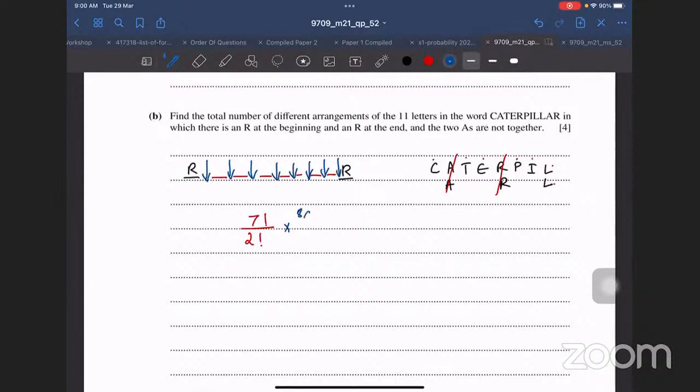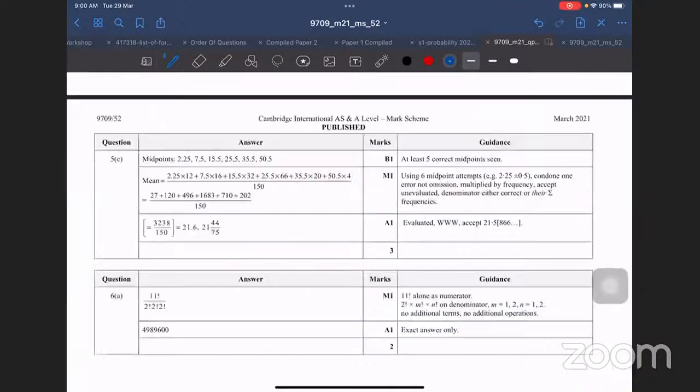So A's are going to come in 2 of these positions and arrange themselves, but since they're identical, I also want to divide. So I get 7 factorial over 2 factorial into 8C2, 70560.